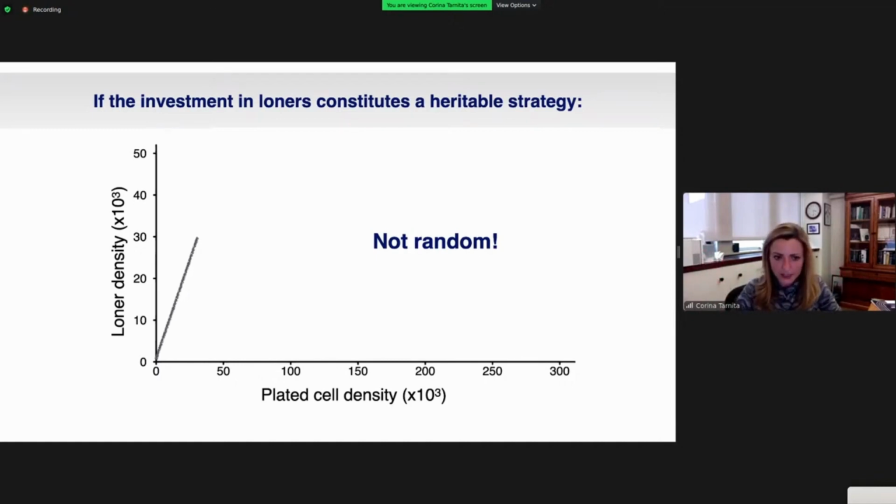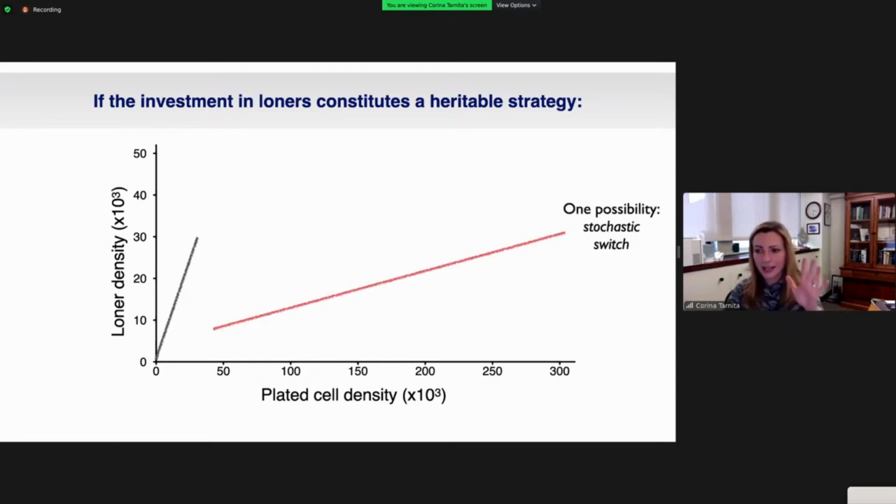Sure enough, as he did the experiments, and my hypothesis, the hypothesis on which we had built the previous results with the bet hedging that I just described, was that there would be some sort of stochastic switch, basically the easiest kind of thing that seems to be happening a lot in biological systems, that these cells would flip a coin, and they would stay behind as loners with a certain probability, or leave with a certain probability.